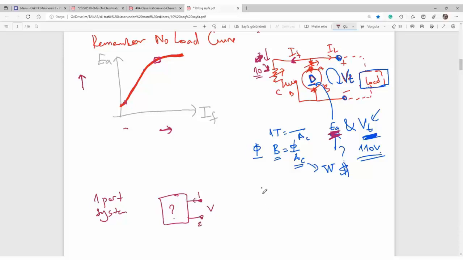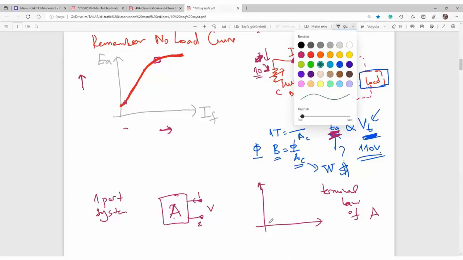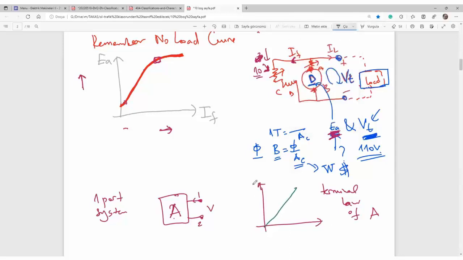And what is the terminal law of the box A? Let me imagine there is such a relation between voltage and current, a straight line. Here you see voltage over current makes resistance.